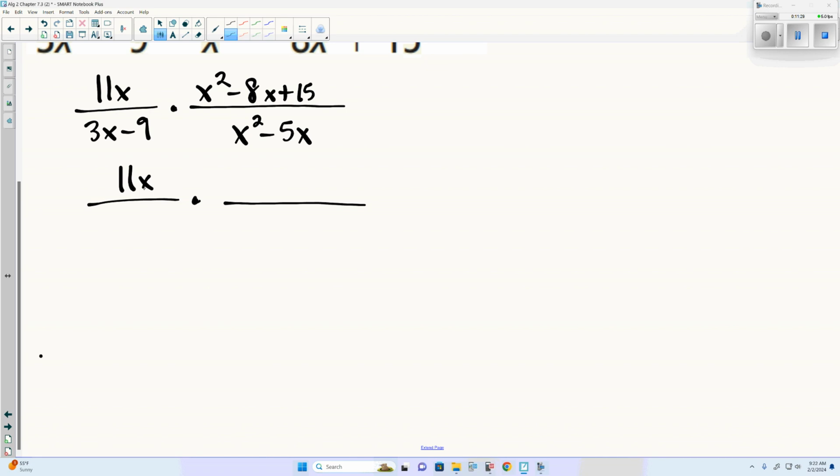And 11x is nice. It's already simplified. What other ones are nice to factor on this here? 3x minus 9, because it has a greatest common factor of 3, leaving us with x minus 3. And then the next one that's nice is x squared minus 5x. It has a greatest common factor of x, leaving us with x minus 5.